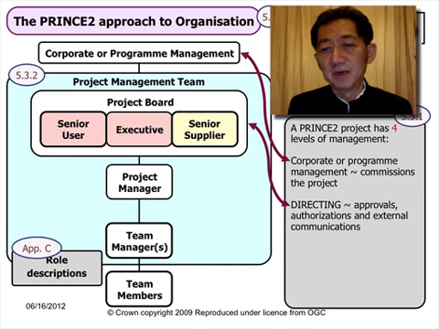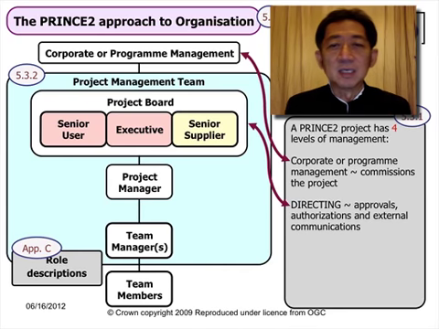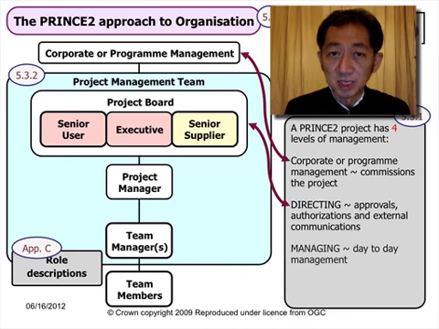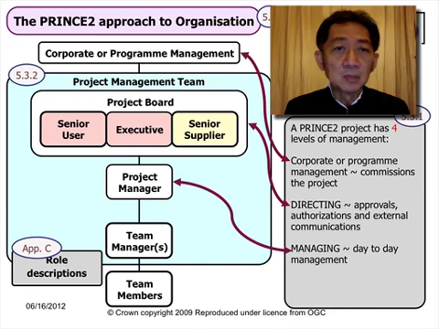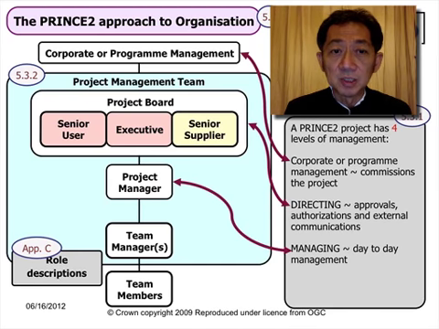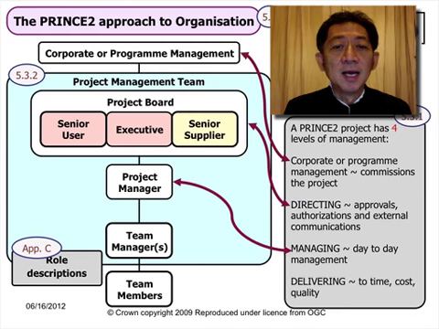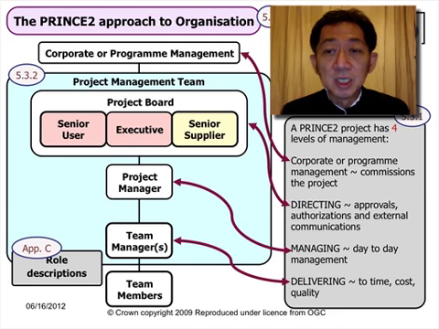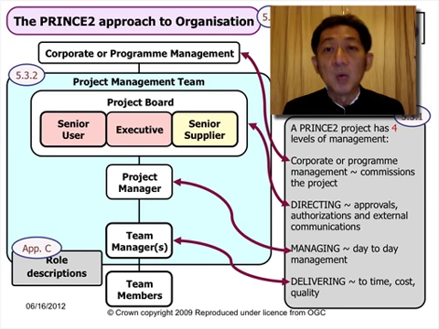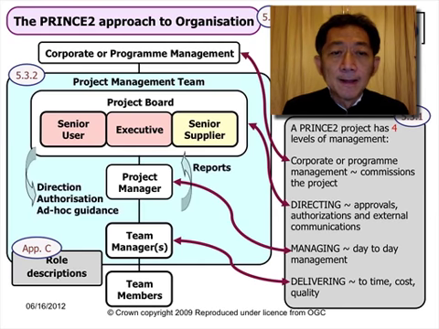However, they give advice, they set directions, they make critical decisions within the project. The project manager, as we've said earlier on, does the day-to-day management of the project, and team managers deliver the specialist products to time, cost, and quality. Again, those will be things that we'll be talking about later on as well.